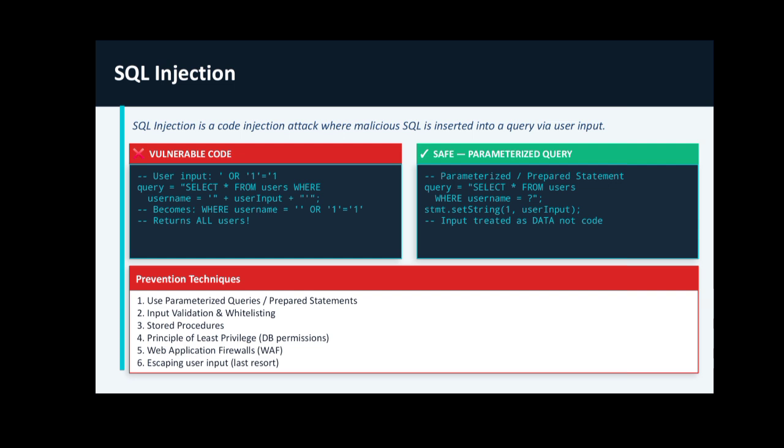The safe alternative is a parameterized query or prepared statement. Here the user input is bound as data, not code. The database engine treats it as a literal value and never executes it as SQL. The additional prevention techniques include input validation, whitelisting, stored procedures, applying the principle of least privilege to database accounts, web application firewalls, and input escaping as a last resort.